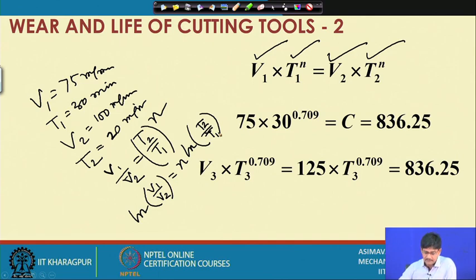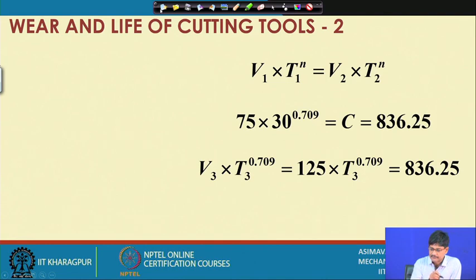Yes. So, V 1 by V 2, what is V 1? V 1 is 75, V 2 is 100.